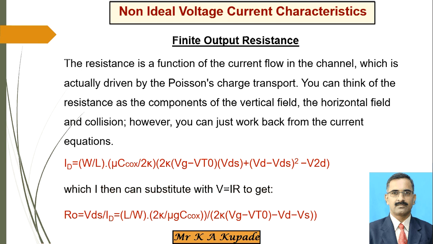The first effect is the finite output resistance. I already said that the MOSFET has high input impedance, and here we are going to discuss the output resistance. You can call it the channel resistance, the resistance of the region through which the current flows from drain to source.